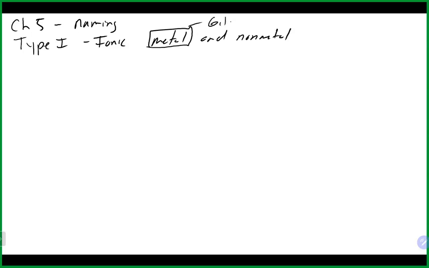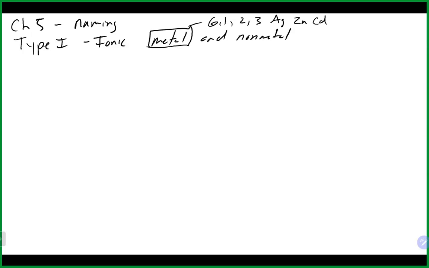So we talked about type 1 compounds, which is ionic, and that is a metal and non-metal. And as we talked about, it is always the metal that's most important when it's involved. And this metal is a group 1 metal, group 2, group 3, or it's silver, zinc, or cadmium.